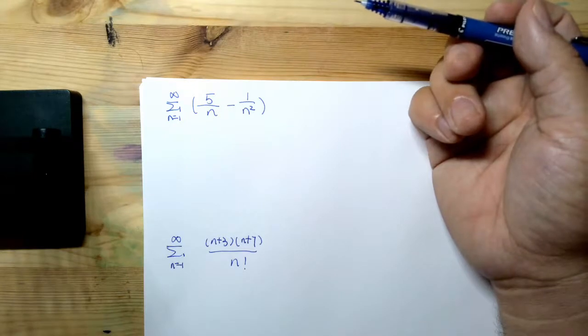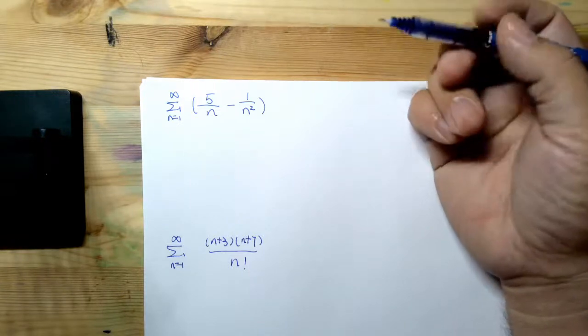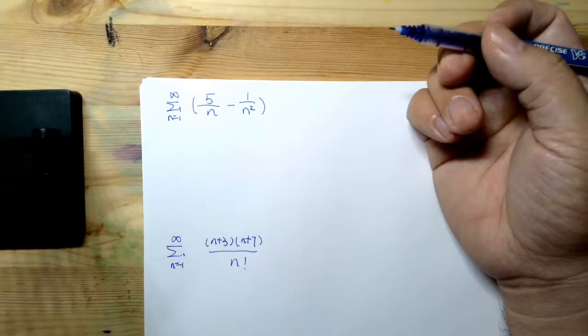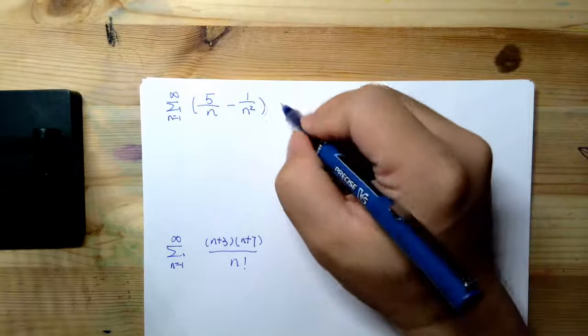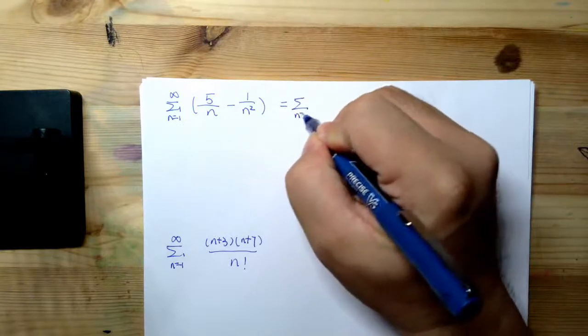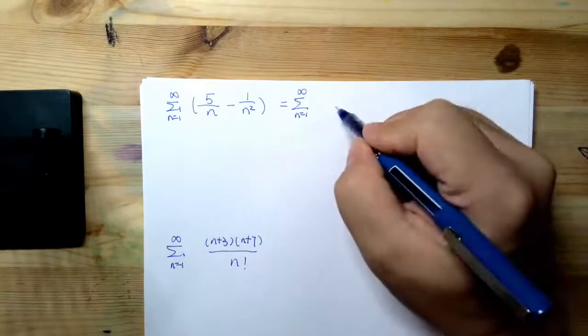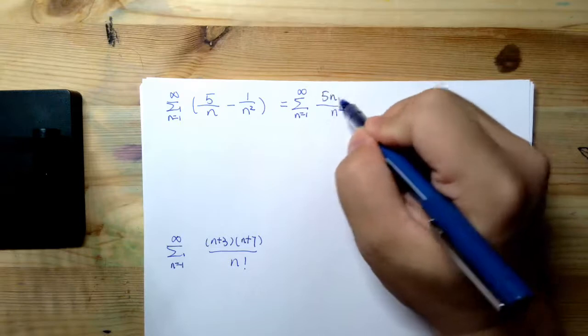Okay, so for this example here, we can think about it this way. First of all, if we combine those two into one, the denominator is n squared and the numerator is 5n minus 1.